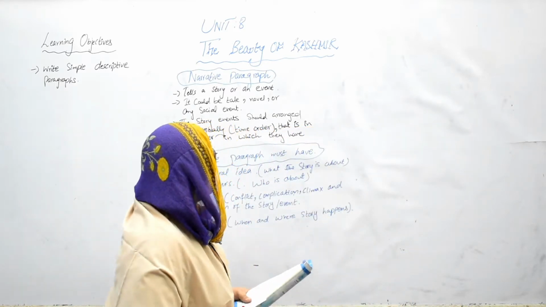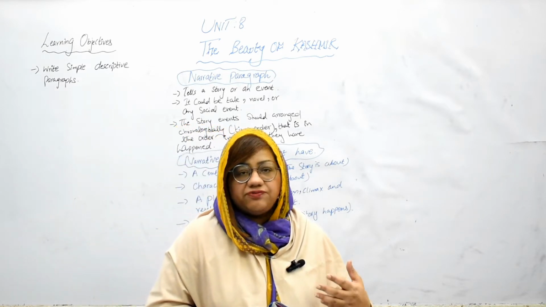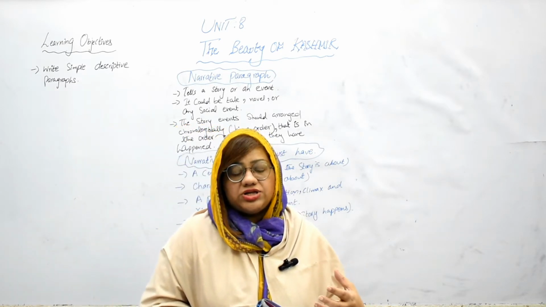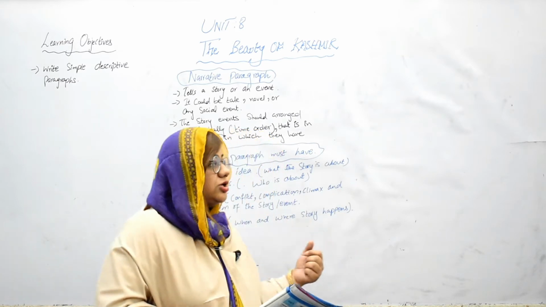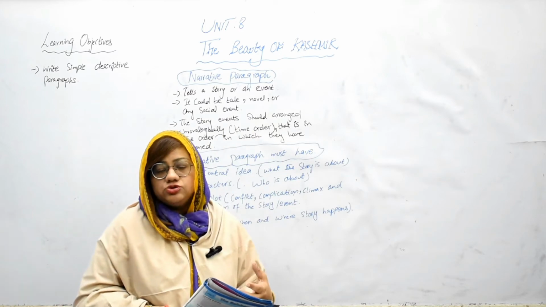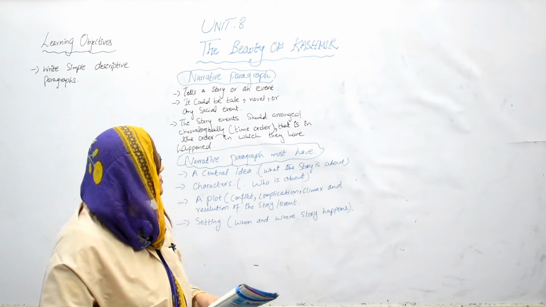Let's start. Before going to discuss how to write narrative paragraphs, what is a narrative? First, I need to explain it. You must have an understanding of what a narrative is. Look at this on the board, students.